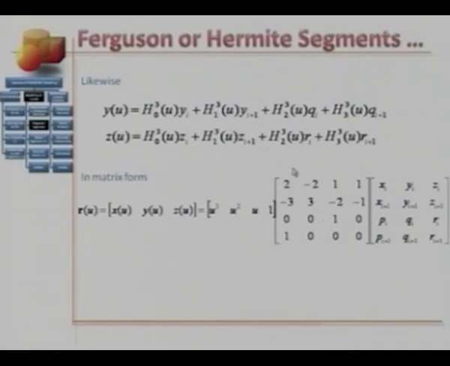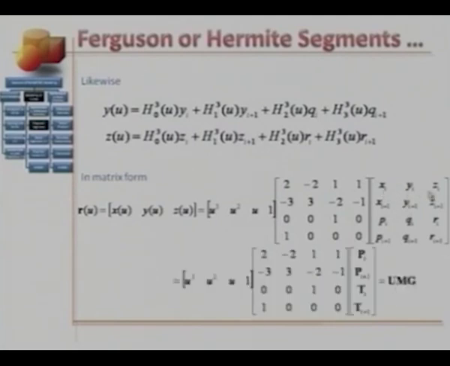The coefficient matrix will be identical in all the 3 cases, the entries being 2, minus 2, 1, 1, minus 3, 3, minus 2, minus 1, 0, 0, 1, 0, and 1, 0, 0, 0. And the geometry pertaining to the x, y, and z coordinates will be arranged column-wise. This is a Ferguson cubic segment for you in matrix or compact form.